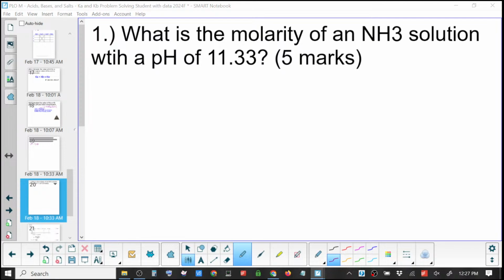It's just 2.67. We have the H, so that's the concentration of H+ equals 10 to the negative 1.38.